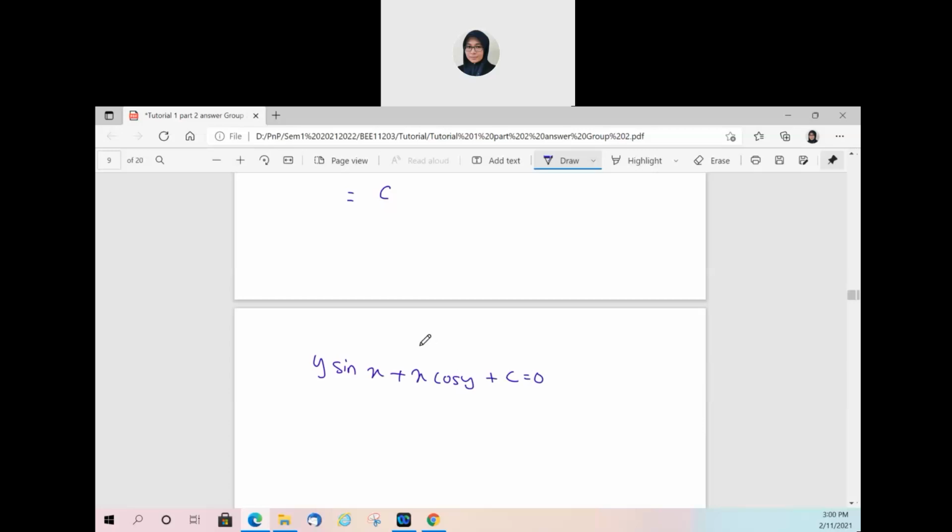Okay, you can leave it like this, or you can bring c over here. Then y sin x plus x cos y equals c, where c equals minus c. If you bring c here, it will be minus c, then c equals minus c.